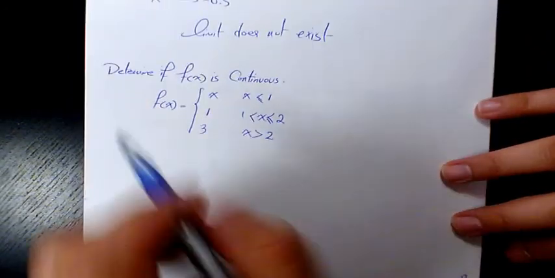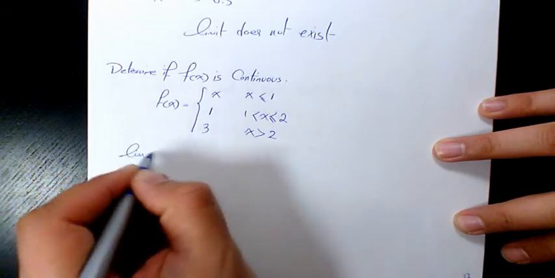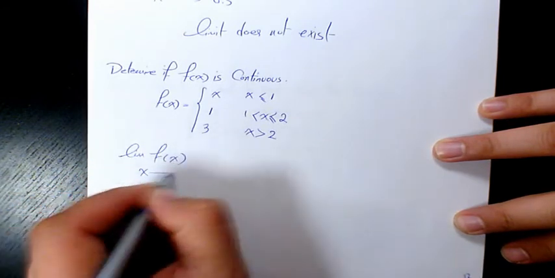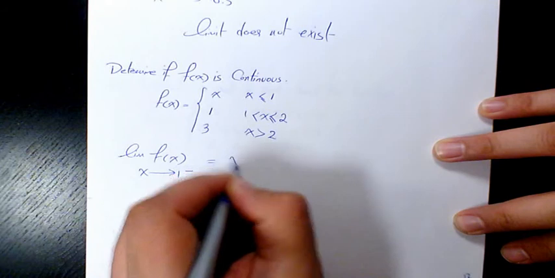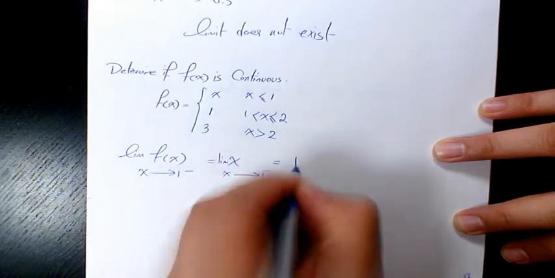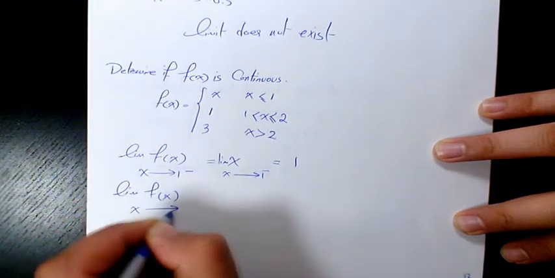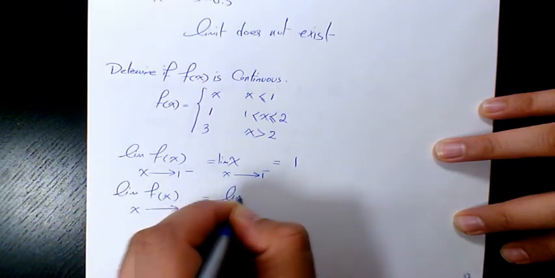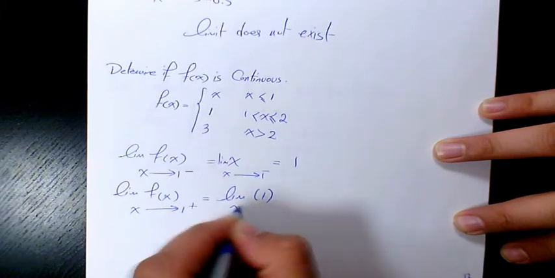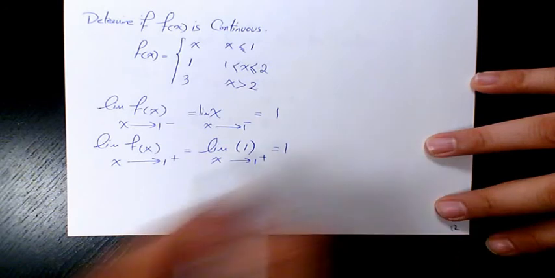Next one, determine if f of x is continuous. So the limit of f of x as x approaches negative 1 from the negative side is x, which is going to be 1. The limit of f of x as x approaches 1 from the positive side is the limit of 1, which is going to be the same. So here that exists.